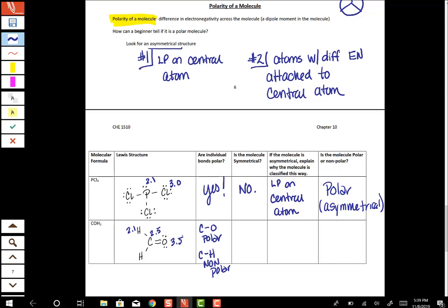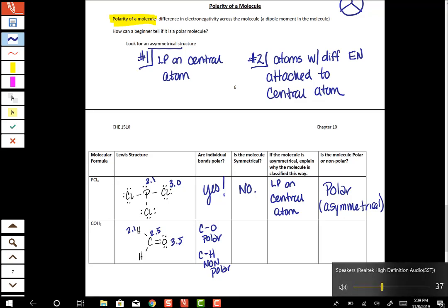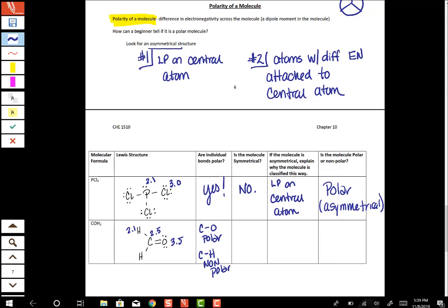So in this case, the molecule is asymmetrical. So is the molecule symmetrical, it's asking?